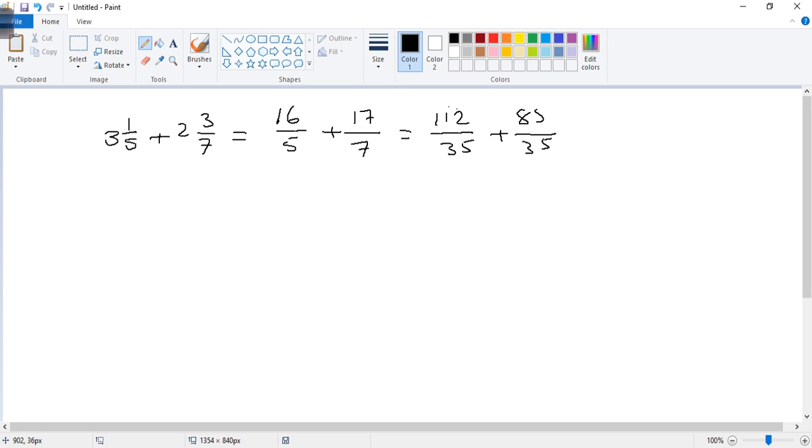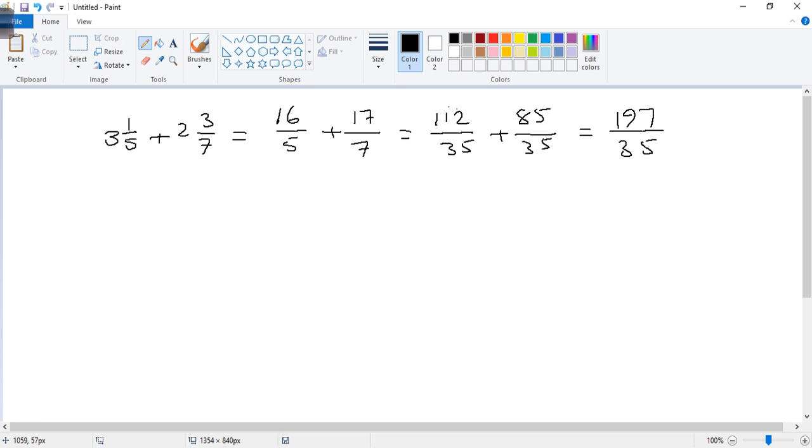is 85, and the answer here will be 197 over 35. We can return it back to a mixed number.